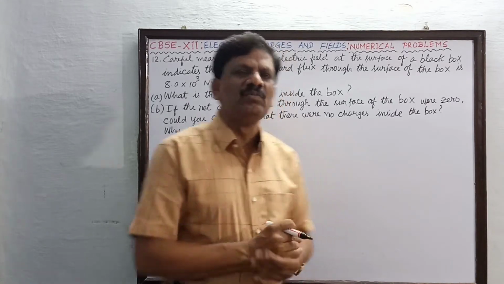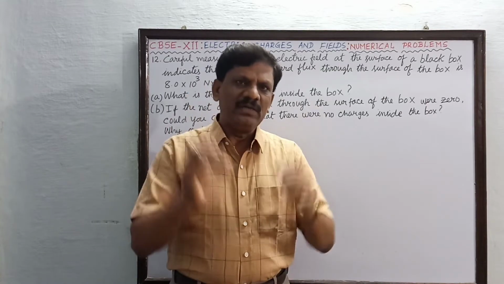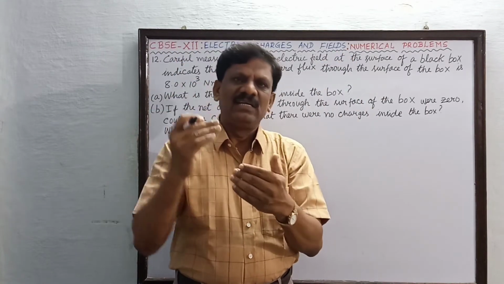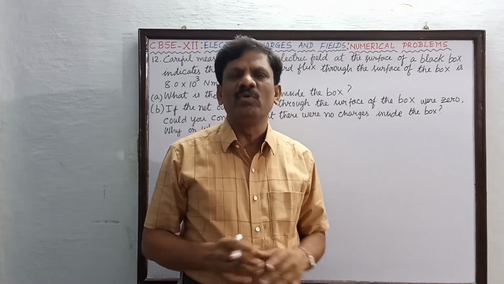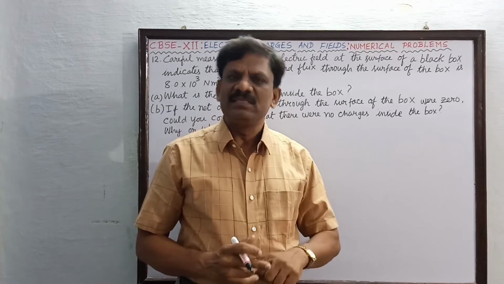Suppose you assume this is a cubical box. For a cube there are 6 faces, is it not? So the total surface of the cube is equal to the sum of the area of all the 6 faces.